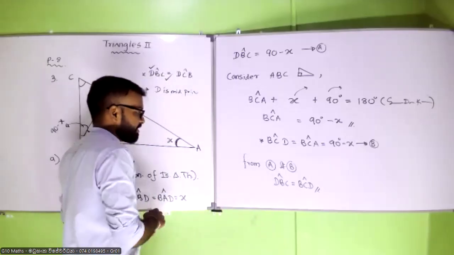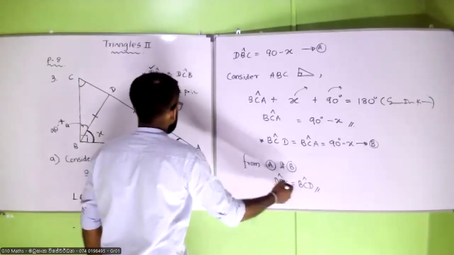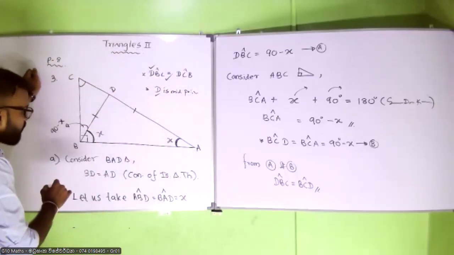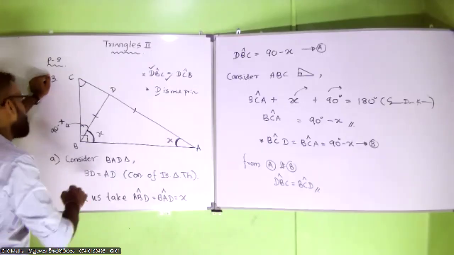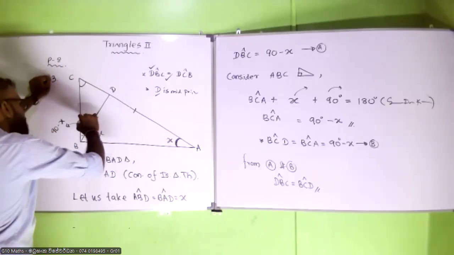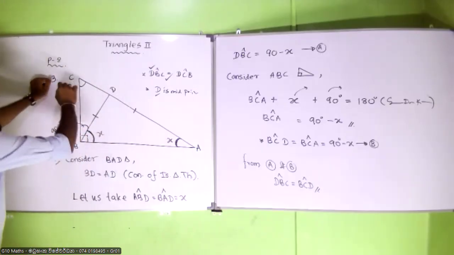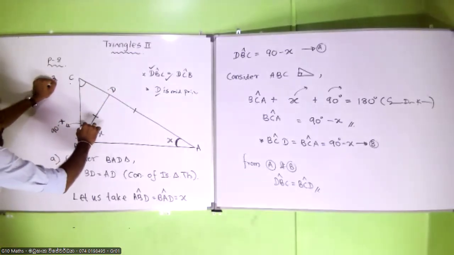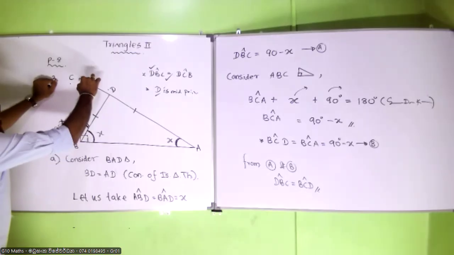Right. So part A is okay. Now I am going to show D is the midpoint. So how am I going to show it? Now I know, by considering triangle BCD, I have proved that this angle equals this.